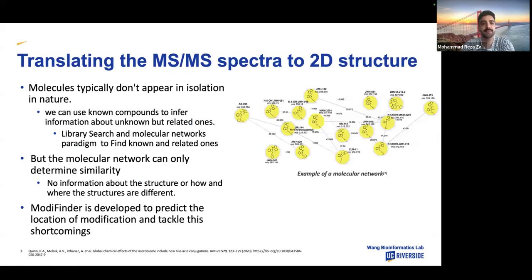The basics of that is that we know that molecules don't appear in isolation in nature. This is also the basis of works such as molecular networking. Using this, we are going to create a tool that tries to find the modification site from a known compound, and using that, we will be able to annotate an unknown analog of that known compound.